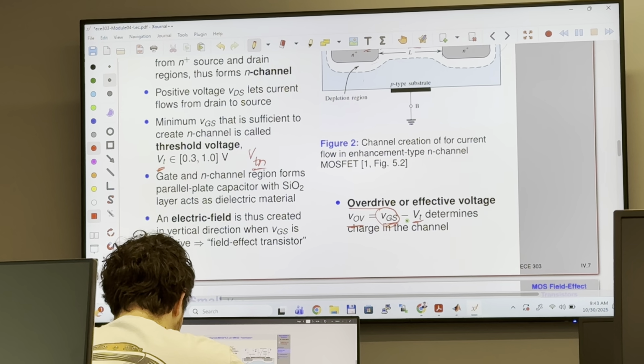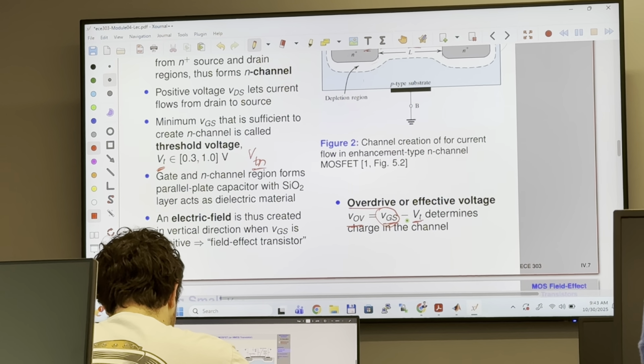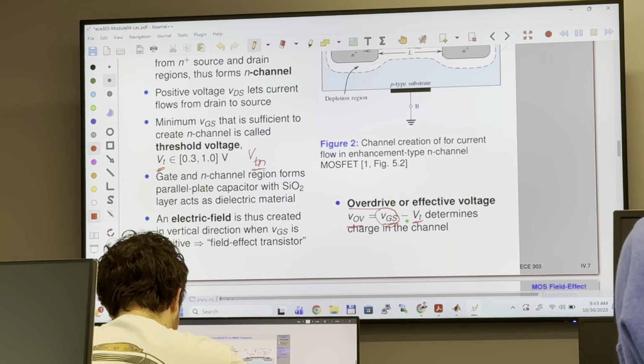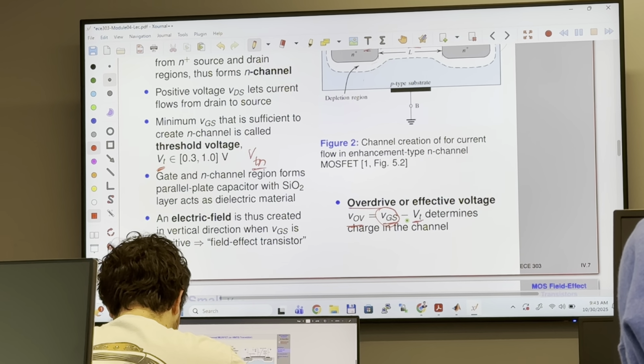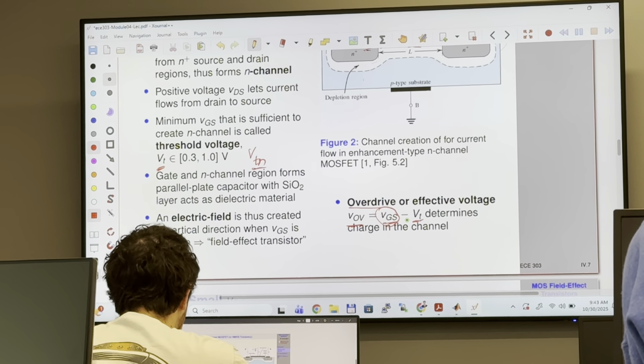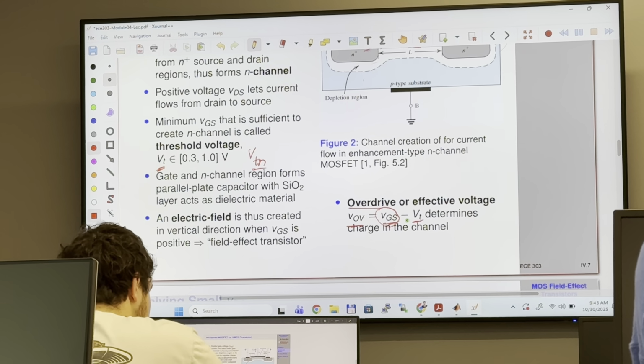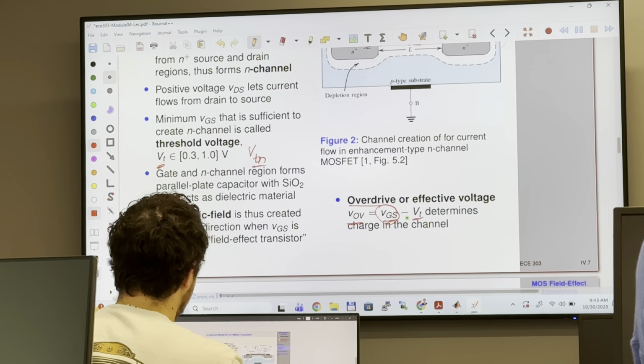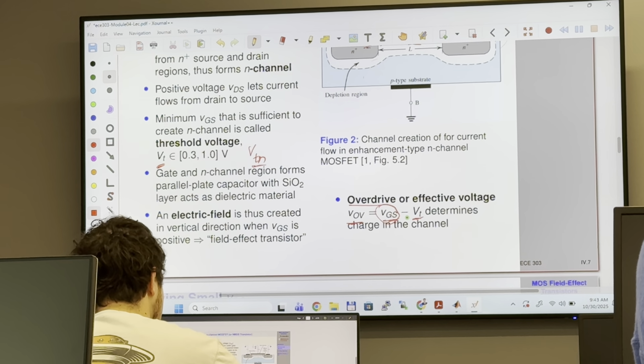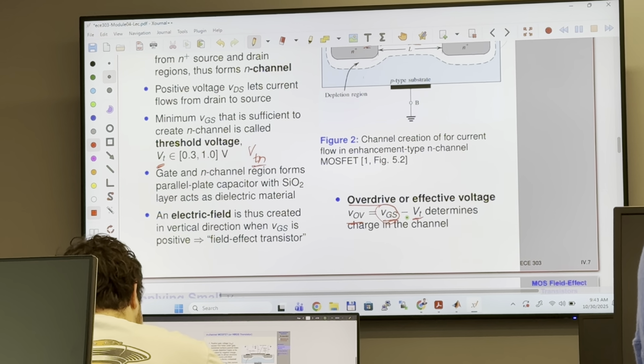So the voltage you apply to the gate minus this threshold voltage is called the effective voltage that actually controls the amount of charge that you have in the channel. Very important, and we will be using that. In your laboratory, you will determine the effective voltage, which is mainly what we are interested in.